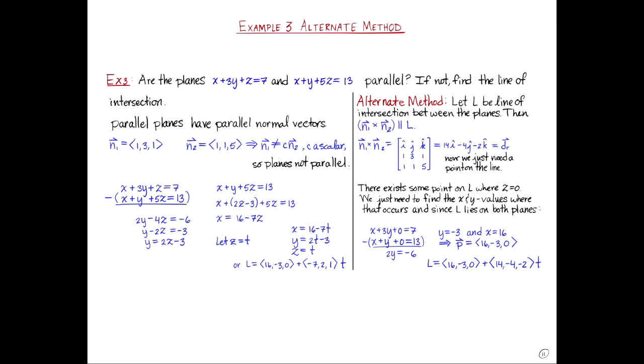Subbing -3 back into either of the equations for our plane, we get back that x is 16, giving us the point in vector form 16, -3, 0. Using that to find the equation of our line, we have that L is equal to P, 16, -3, 0, plus the direction vector, 14, -4, -2, times t.